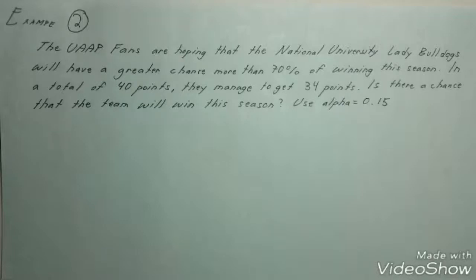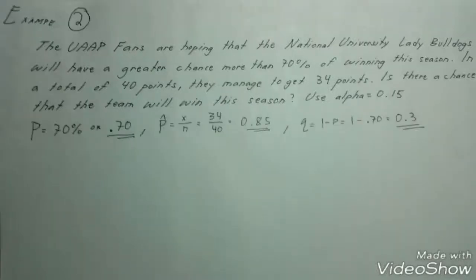Use alpha 0.15. As you can see, 70% will represent as P. And in order to get the p hat, we must divide x by n. So x will represent as 34 and n will represent as 40. Now, we shall divide 34 by 40, that is equal to 0.85.